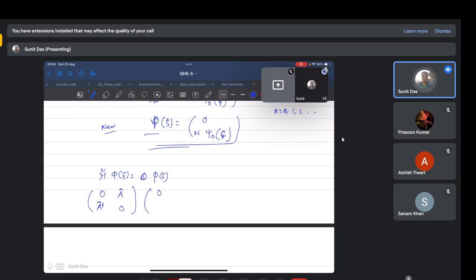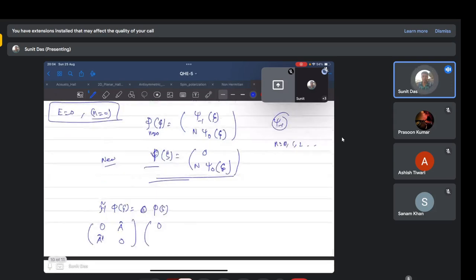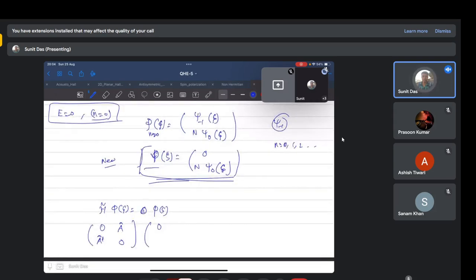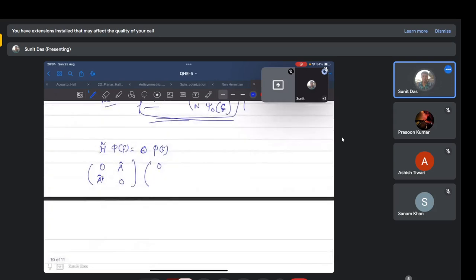There is another way to motivate this in a more fundamental way. So let's not take this and see what really happens. I have the same thing: phi A of xi, phi B of xi.